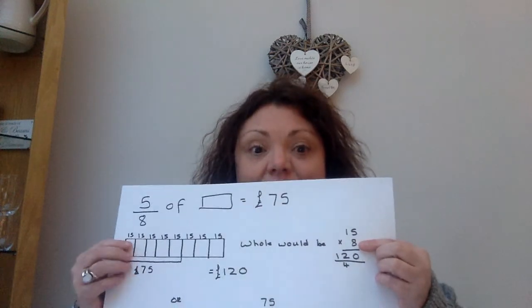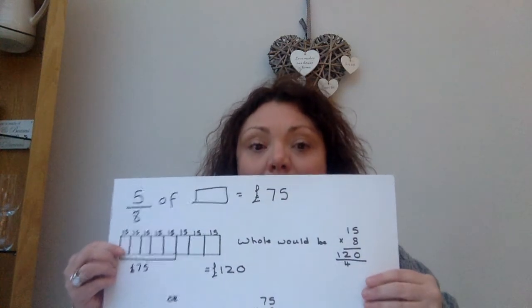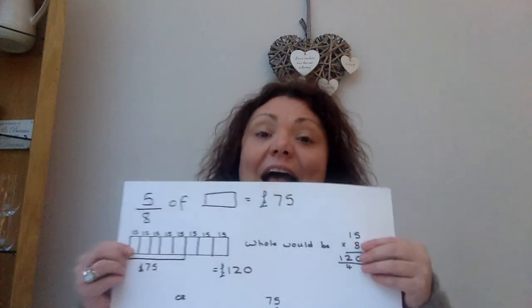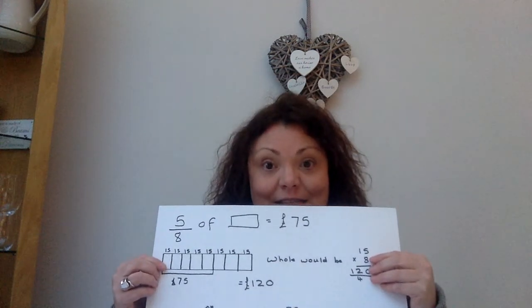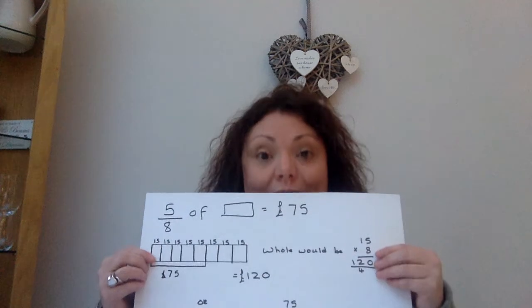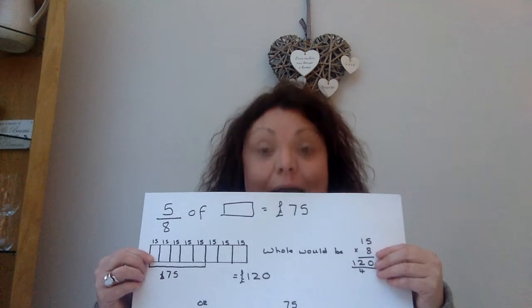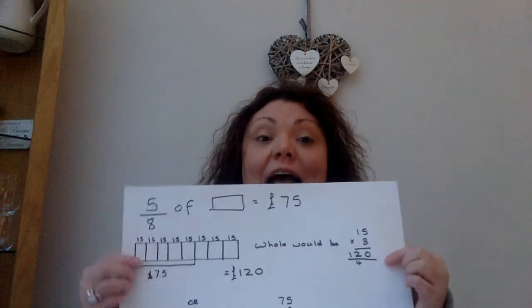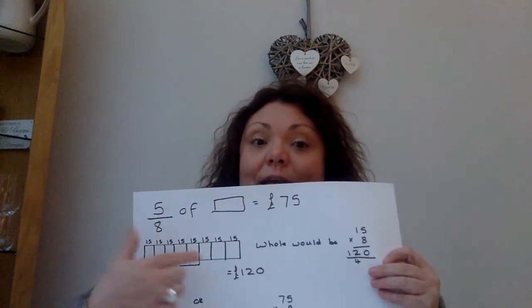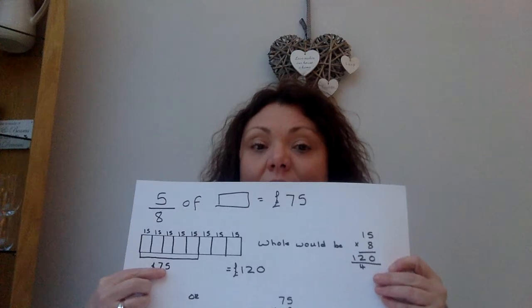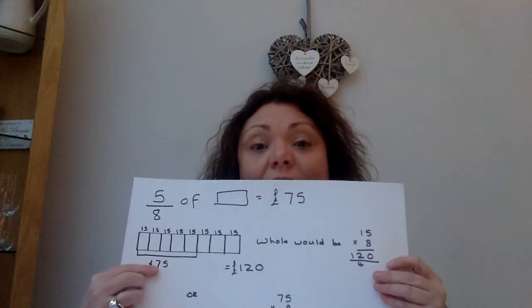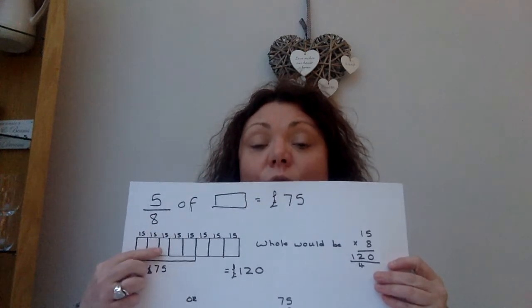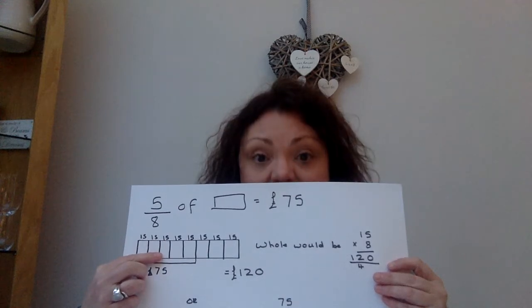So the first thing we're going to do is get a bar model, okay, and we are looking at eighths. So we are going to divide that bar model into eighths, okay? And I know, so I've broken it into eighths, and I know that 75 pounds is equal to 5/8.